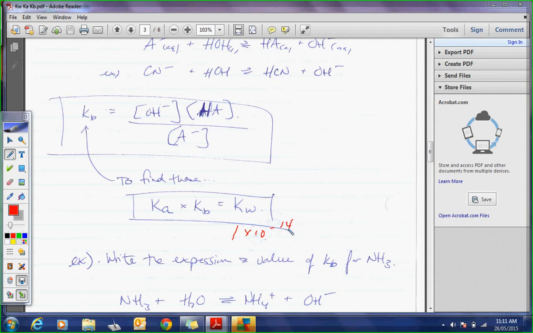And your Ka value is in your data booklet. And so therefore you just plug in the number, you can find Kb. So they're not going to ask you to find it if it's at 25? They could, but it would be like a long question. Like ice table, da da da da da, plug it in, get your Ka value, then do this for your Kb. Okay?